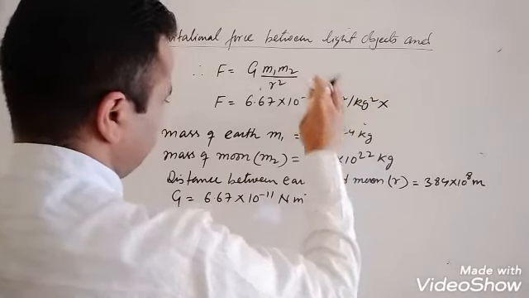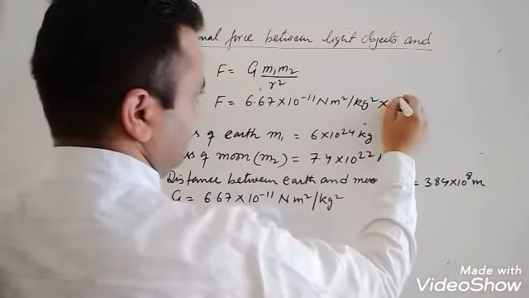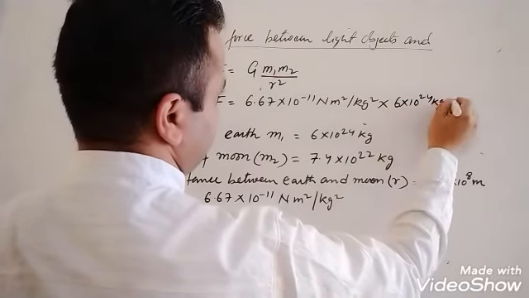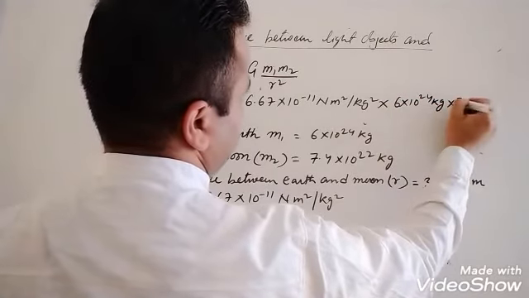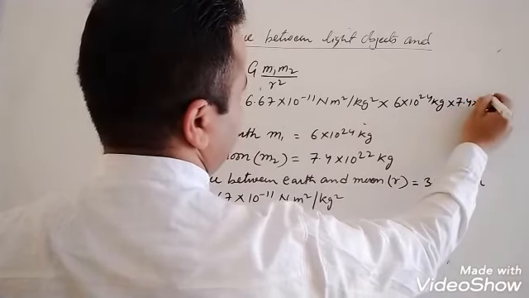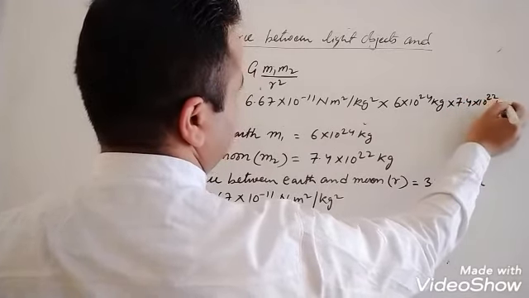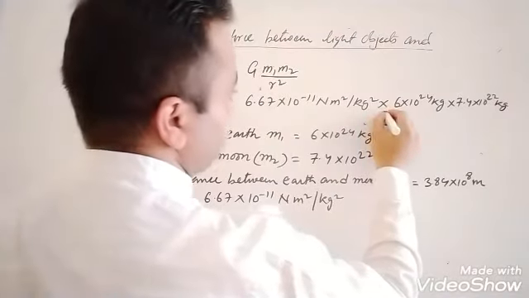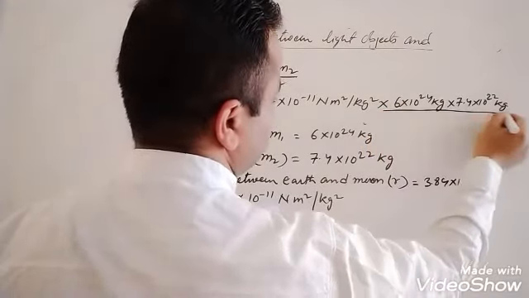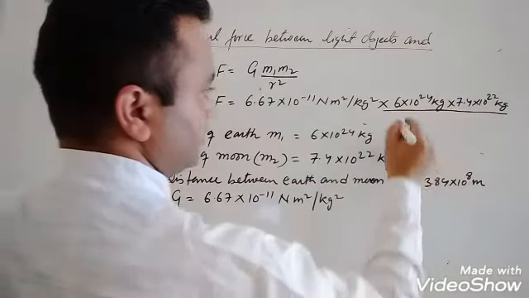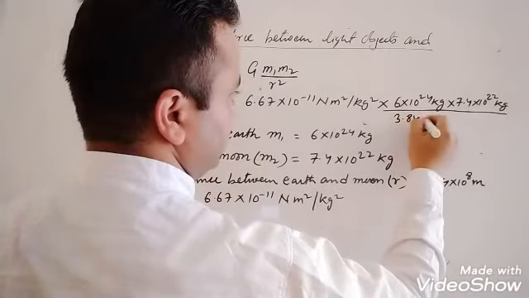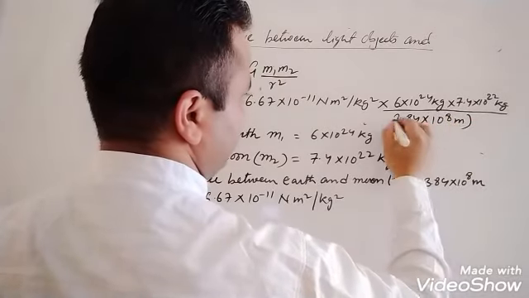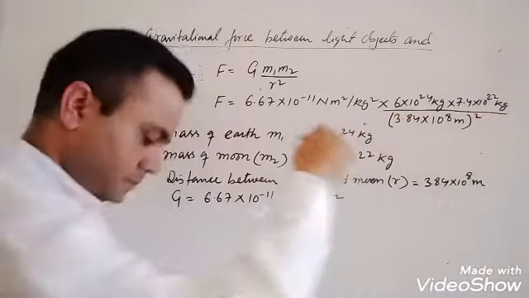Now put the values of masses. This equals 6 into 10 to the power 24 kg into 7.4 into 10 to the power 22 kg divided by R square, which is 3.84 into 10 to the power 8 meter whole square.